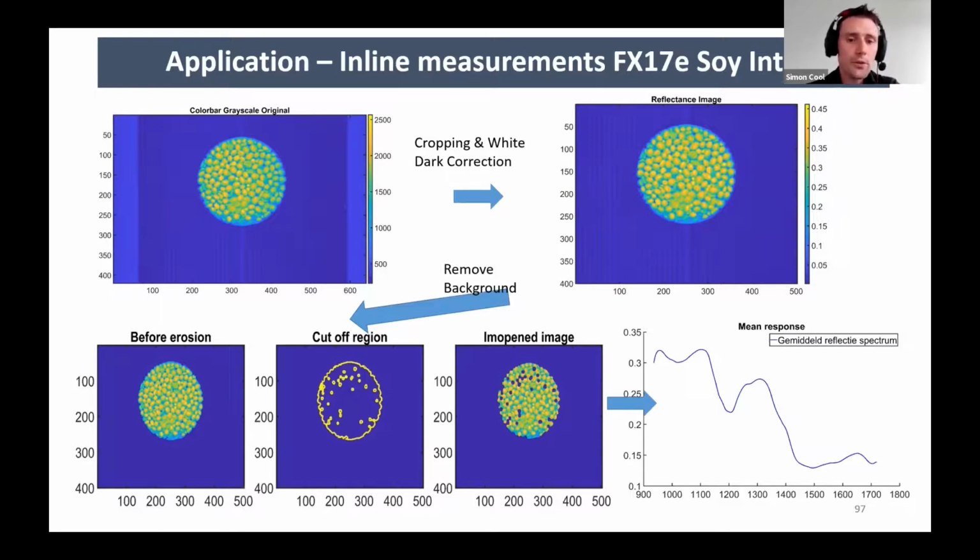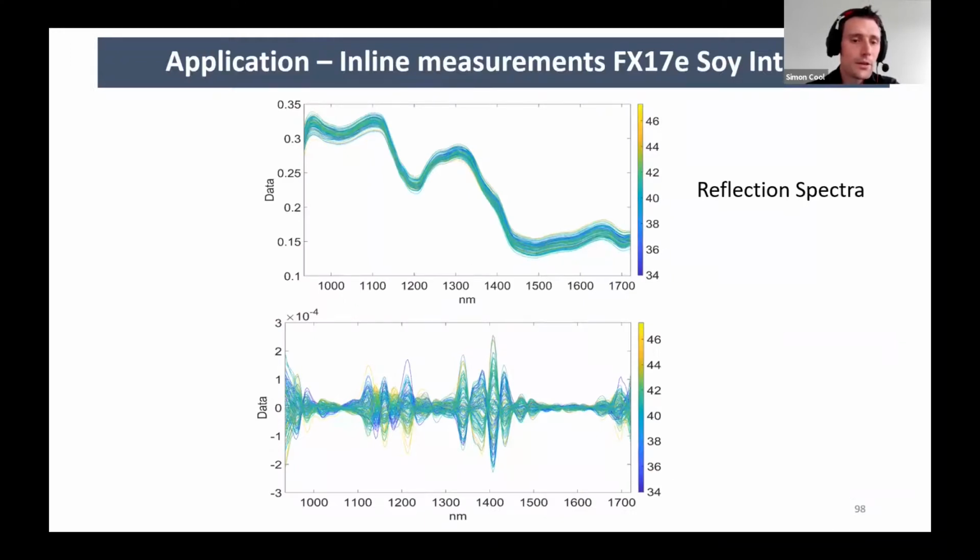Averaging the spectrum of this result can then result in a spectral fingerprint, as you see on the right, as we know it from a spectrometer. Here you see some results before and after pre-processing.